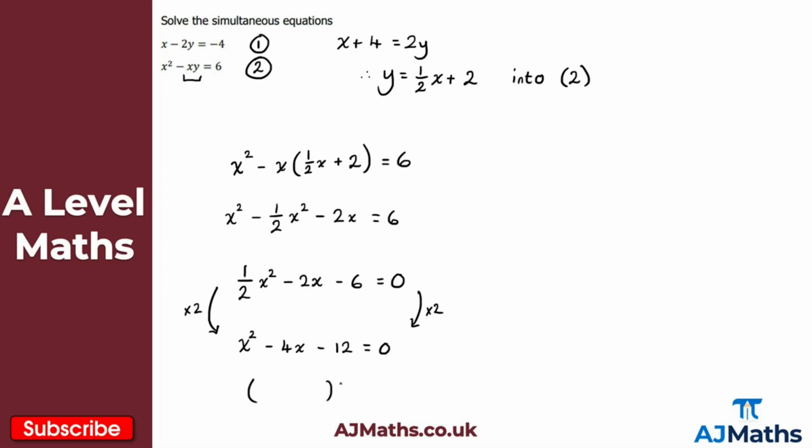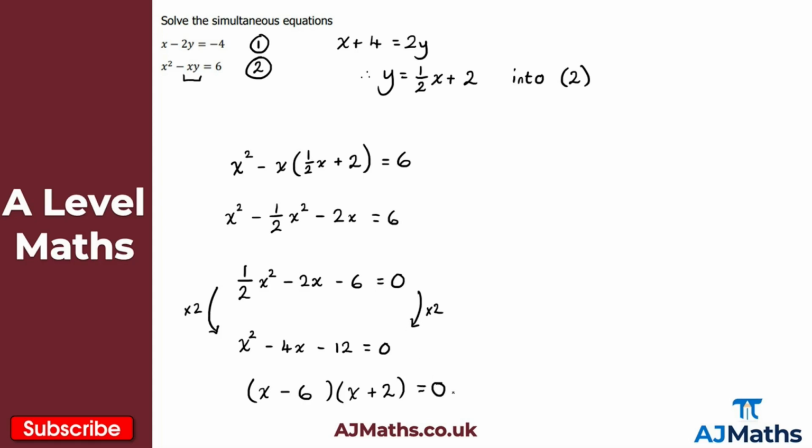I'll get 2 brackets, with an x at the front of both. So 2 numbers that times to give me minus 12, but add to give me minus 4. In that case, this would factorise. I'm going to get minus 6 and plus 2. Minus 6 times 2 is minus 12, and minus 6 plus positive 2 gives me the minus 4. So this is equal to 0.